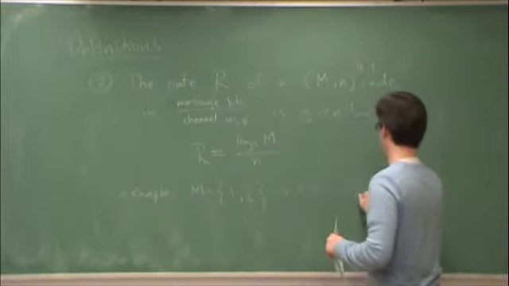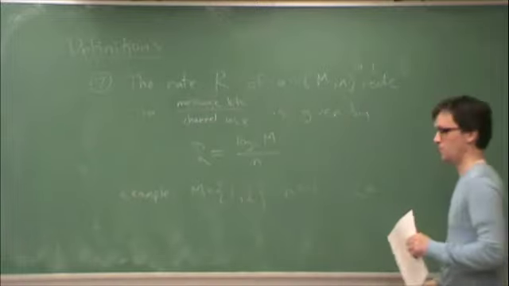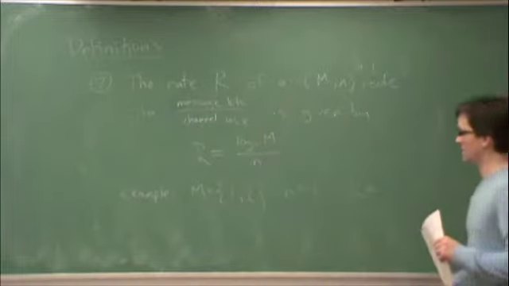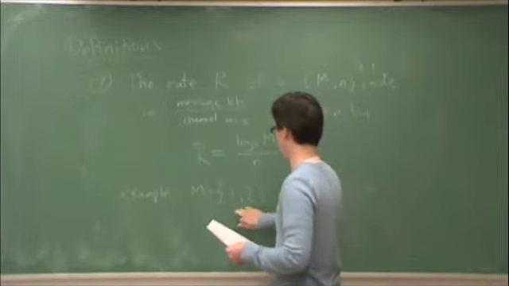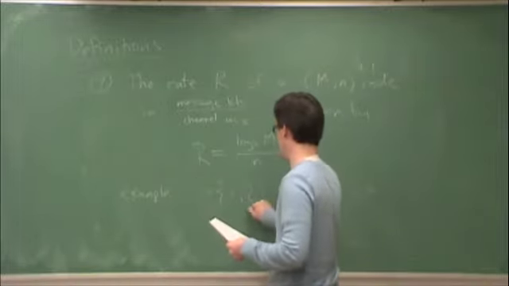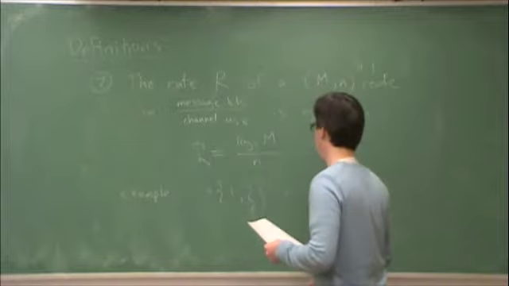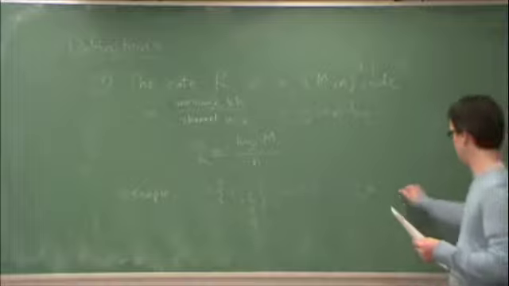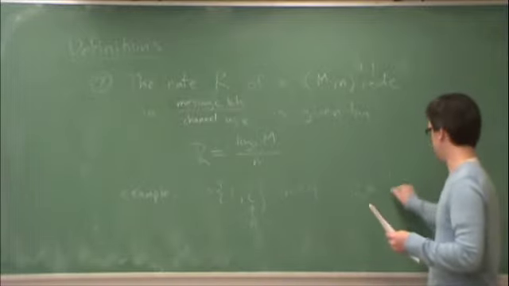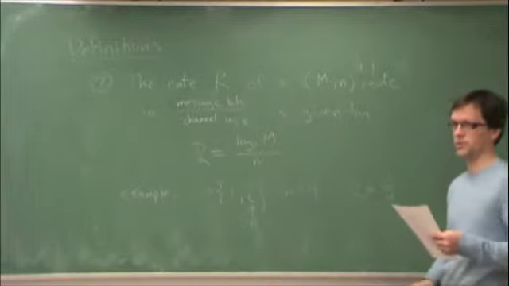So what is the rate of that code? Excuse me, this is the set of possible messages. So M was actually equal to 2. So log 2 of 2 is 1, and the denominator is 4. So the rate of that code is 1/4.